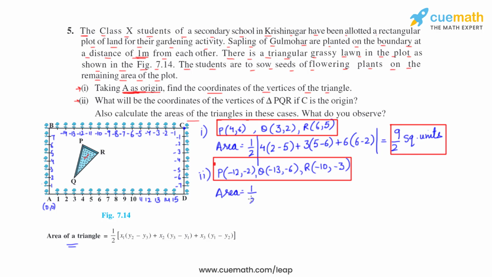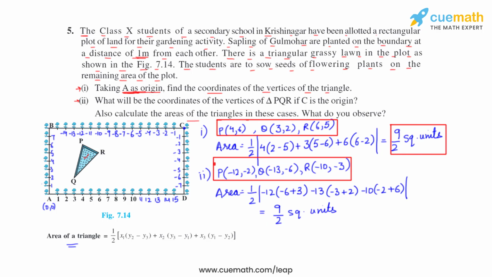So half into x1, that is minus 12, (minus 6, y2 minus y3 means minus 6 plus 3, because minus minus plus), plus (minus 13)(minus 3 plus 2), plus (minus 10)(minus 2 plus 6). When we simplify this, we will again get the same answer, which is 9 by 2 square units.